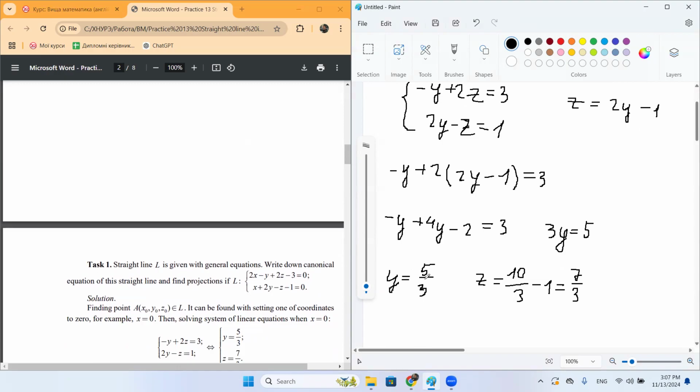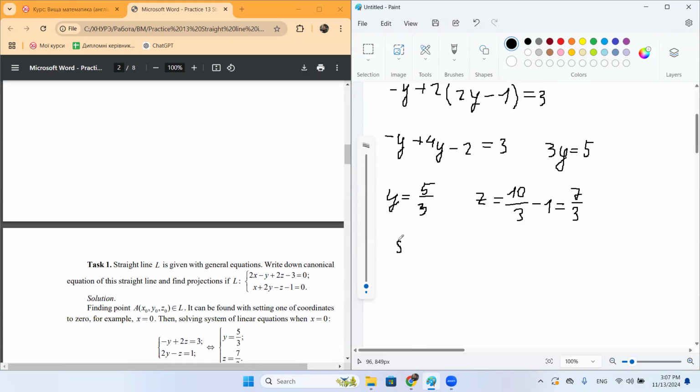We can find it as a cross product of normal vectors of these planes. So 2, minus 1, 2; 1, 2, minus 1.